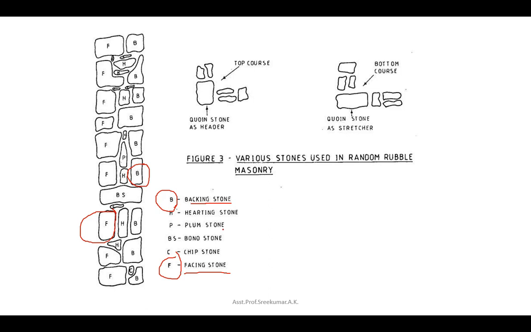There is also the hearting stone, represented by letter H, usually used in the center between the facing stone and the backing stone. And we have BS, the bond stone or through stone, which extends through the wall. And we have the chip stone, represented by letter C. These are small pieces of stone used for filling.